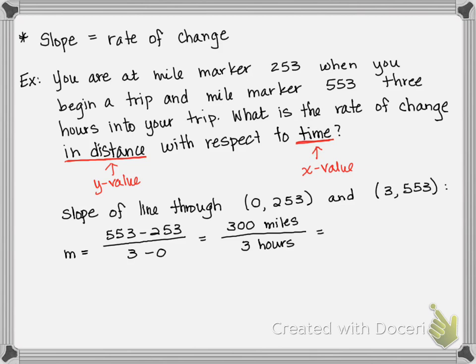So in order to write a rate of change, we want a single number, and so we want to divide the numbers. So 300 divided by 3 is 100. And then our unit, we're going to write as a single unit. It is the units on the top, and then we use the word per, which represents division, and then the units on the bottom. So our unit on our rate of change is miles per hour.